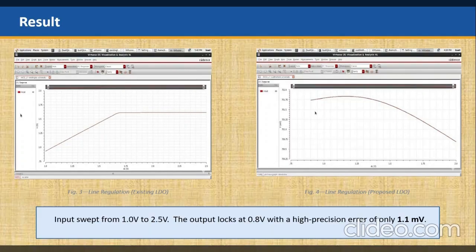You can see that my proposed design locks onto the target voltage rail with incredible precision. The total line error is only 1.1 millivolt. Hence, this proves that even in the subthreshold region, the error amplifier maintains enough gain to stay immune to battery voltage fluctuation.